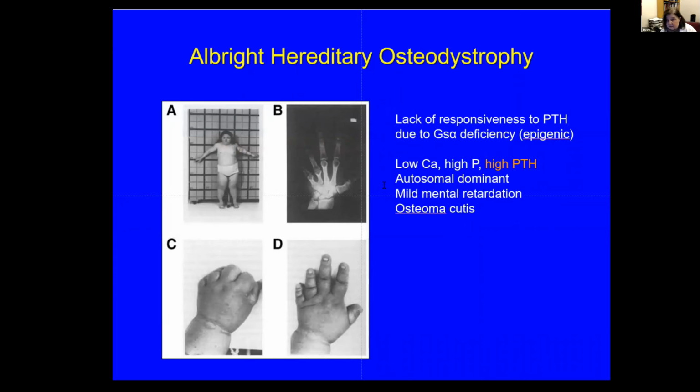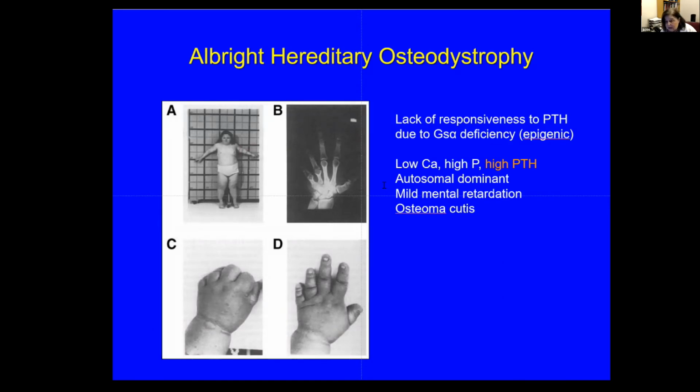And this is the Albright hereditary osteodystrophy with the short fingers, short stature, and this is a GS alpha deficiency with high PTH, but there is no PTH action.